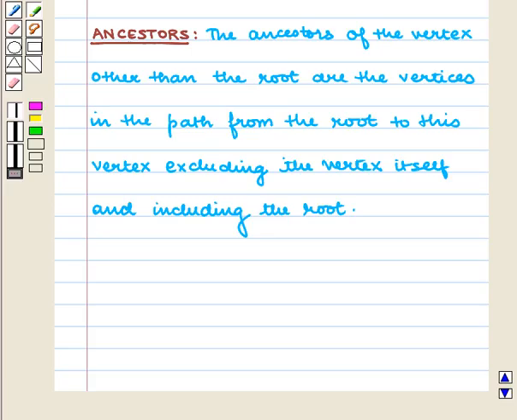The ancestors of a vertex other than the root are the vertices in the path from the root to this vertex, excluding the vertex itself and including the root.